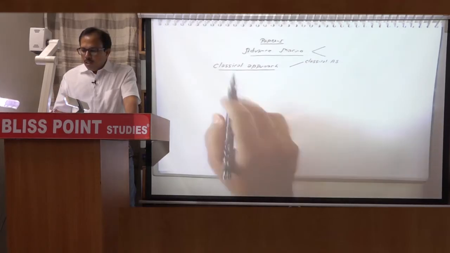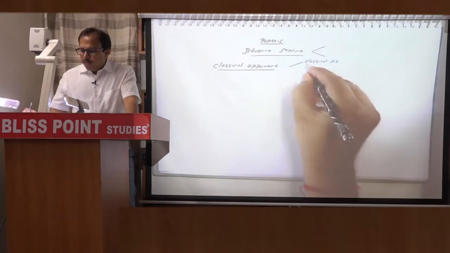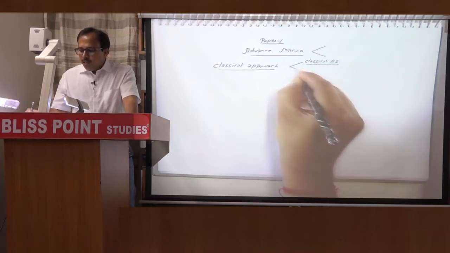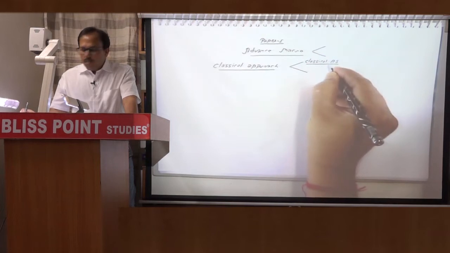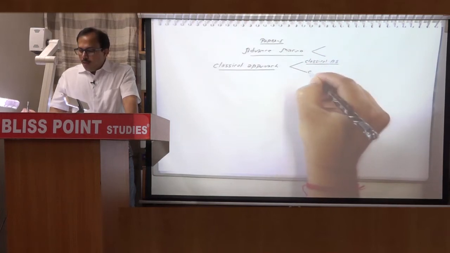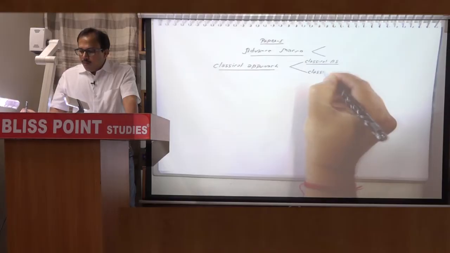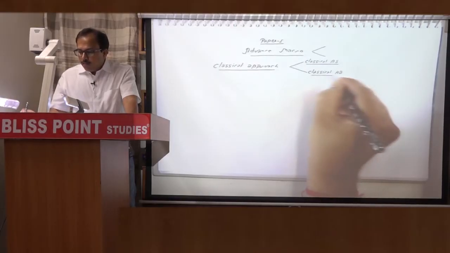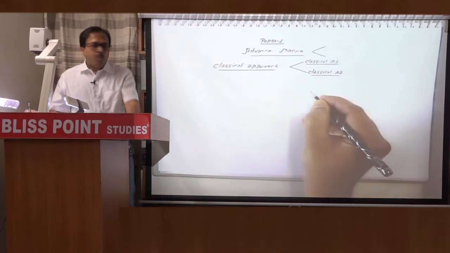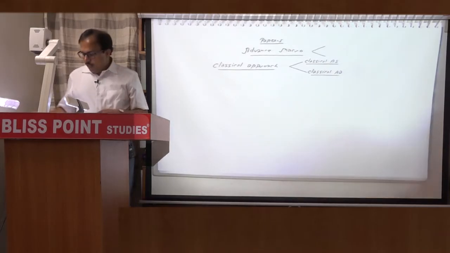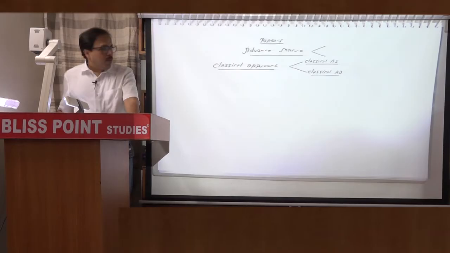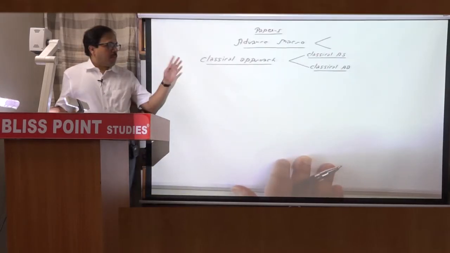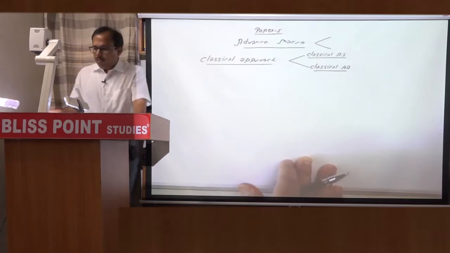So first of all we derive the classical aggregate supply, which we will discuss in the first class. Then we will be deriving classical aggregate demand. So AS and AD will be two important tools here. We have to derive the aggregate supply curve first, then the aggregate demand curve.